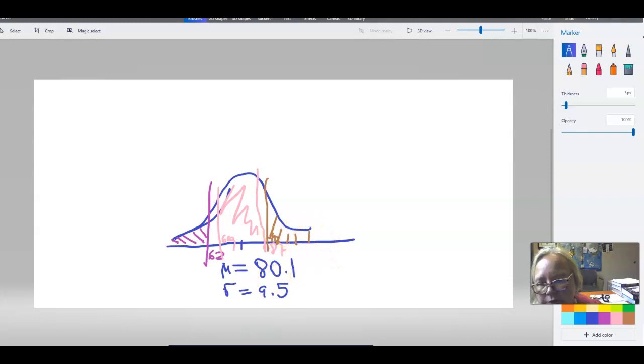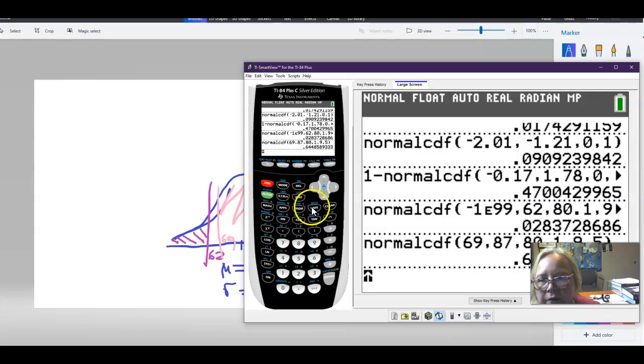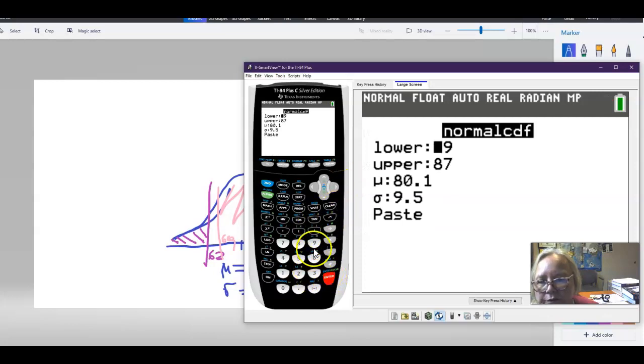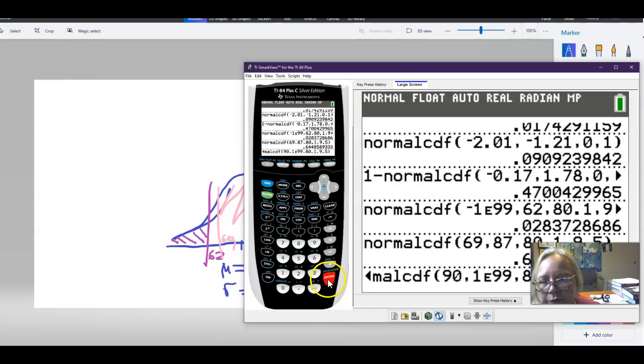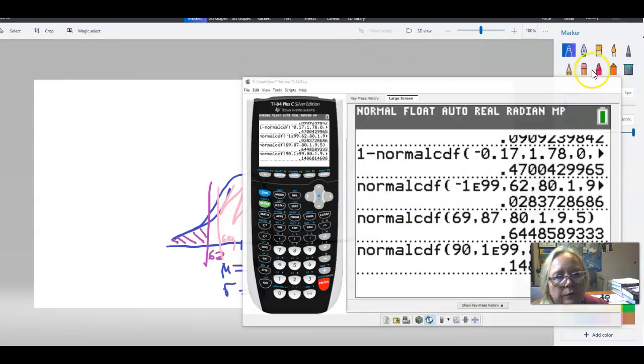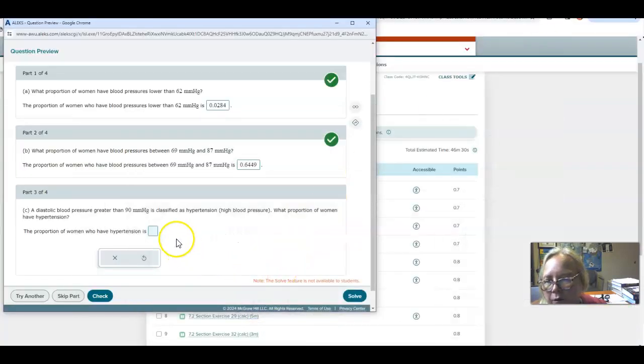So again, it's the normal CDF command, and we need to change just lower to 90 and upper to 1E99, as it is associated with a very large number, positive infinity. So it is 0.1487. And so on. You can answer all these questions just by changing the values.